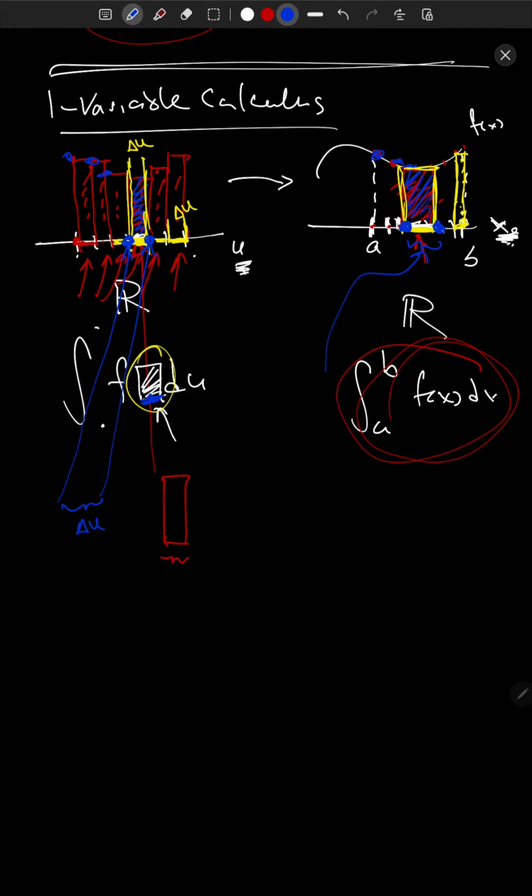Well, a good way to think of this is, if I move delta u here, how much should I move there? So now let me give a name to this mapping. I'm going to call this mapping x of u, all right? Okay, so u's are my inputs, and in a way my outputs are locations on the x-axis.